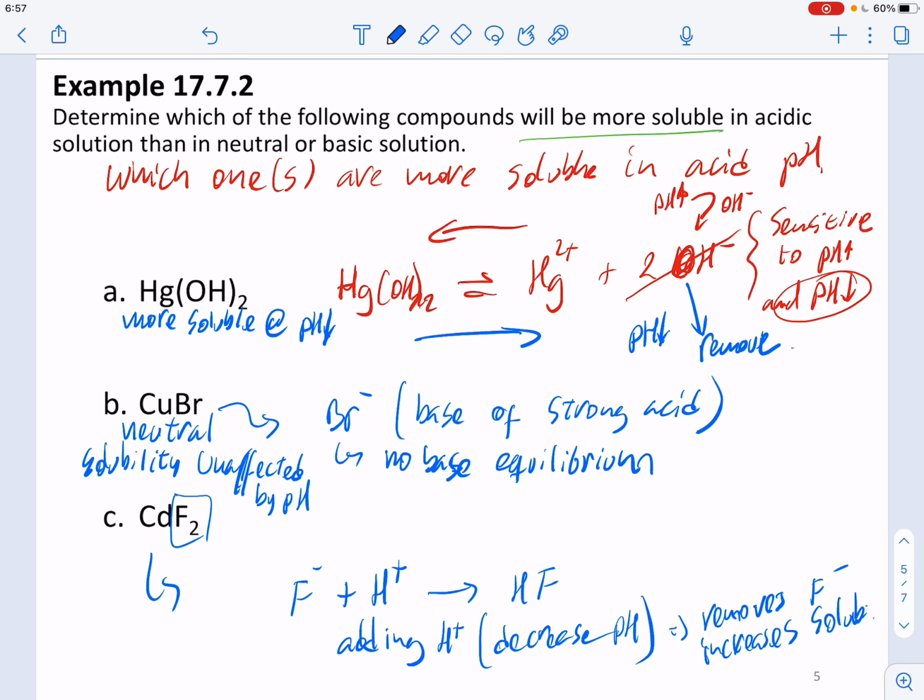Okay, so cadmium fluoride is more soluble at low pH.